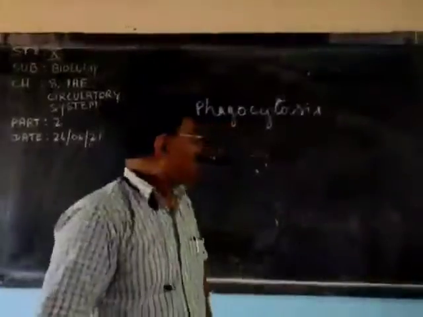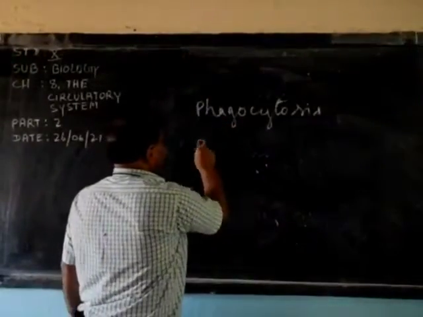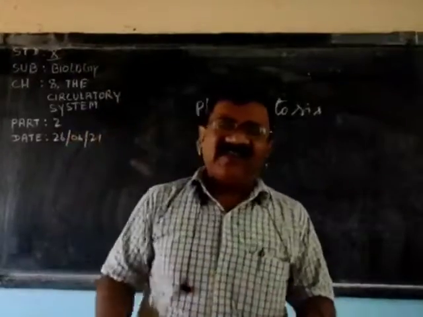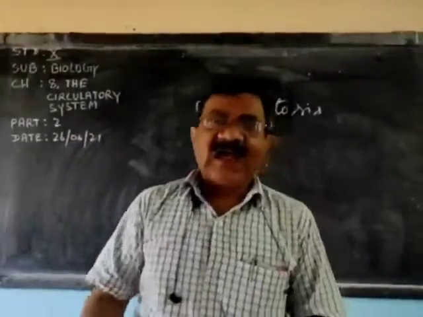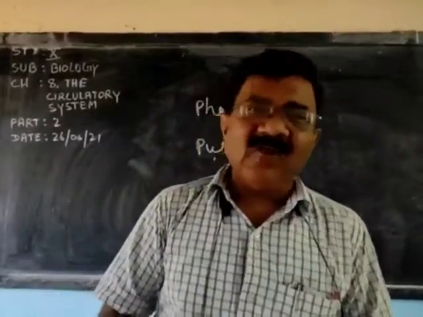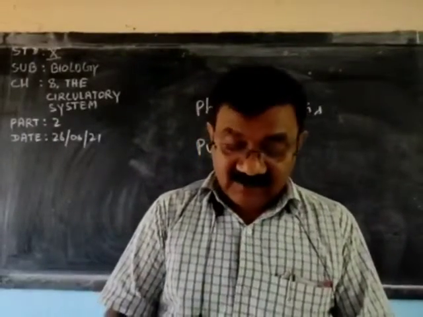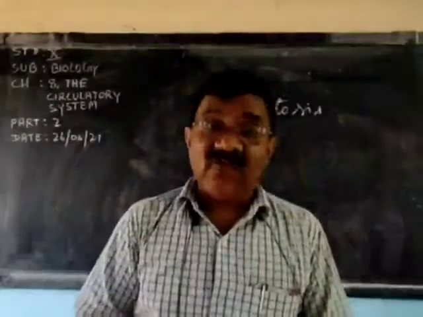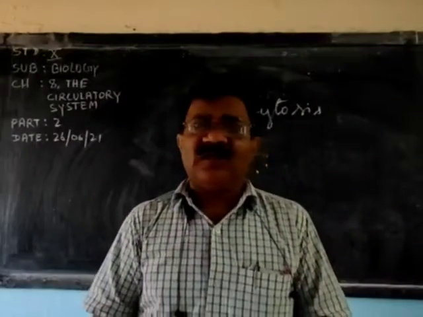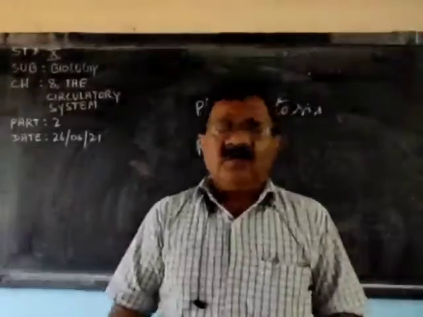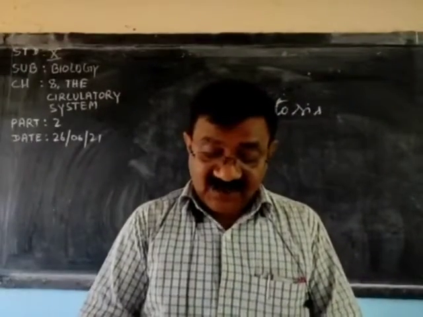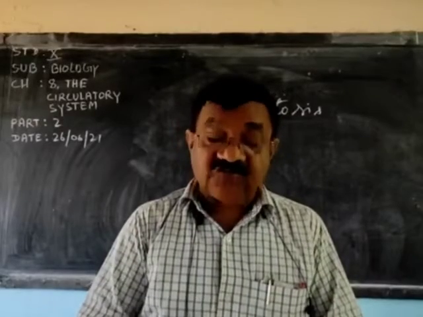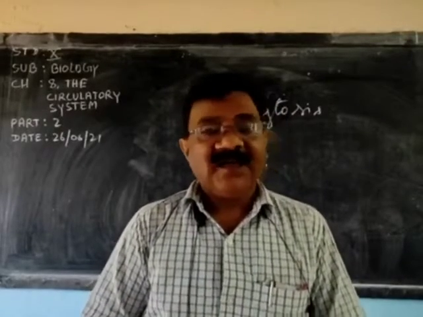One more important word is there, and that is pus. You must have seen, whenever we get cut, it becomes a wound, and through the wound, yellow liquid comes out, that is called pus. Now, what is that yellow liquid which comes out through the wound? It is mainly composed of dead white blood cells together with the tissue cells destroyed by the bacteria.